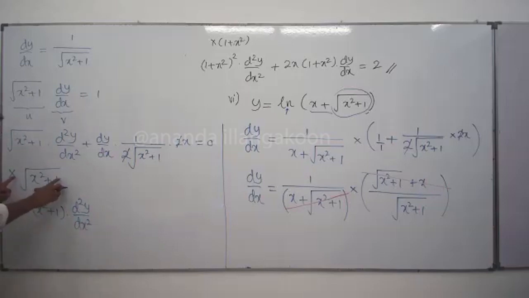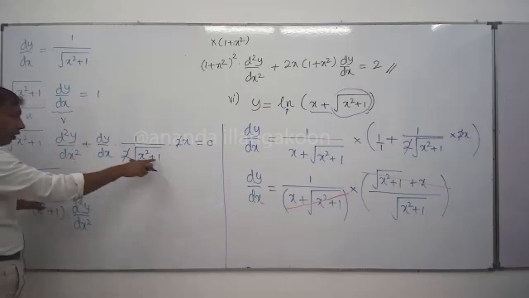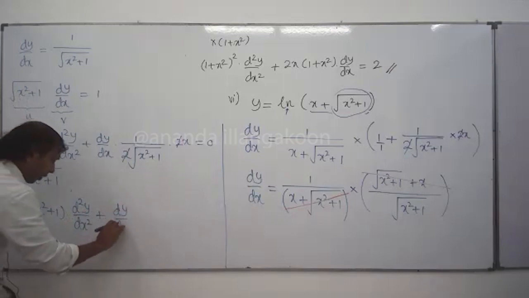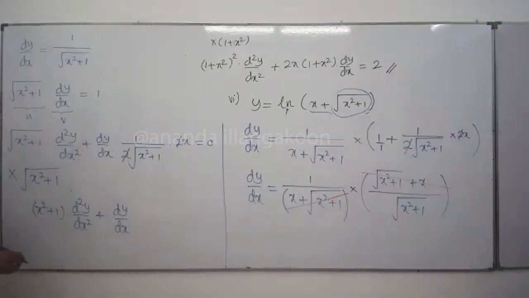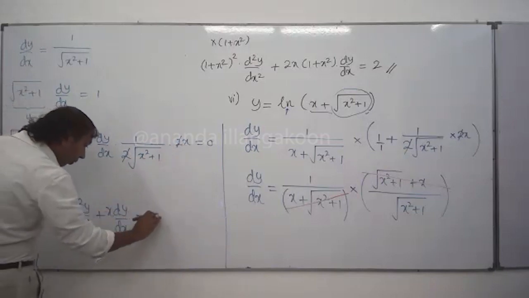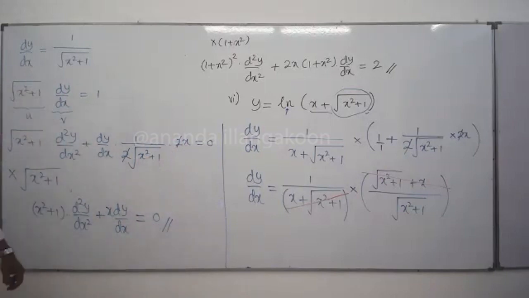The other term, multiplied by this, cancels down and gives dy by dx, and here we have x, equals 0. This is how we get that answer.